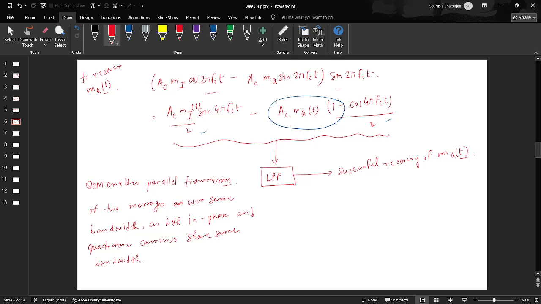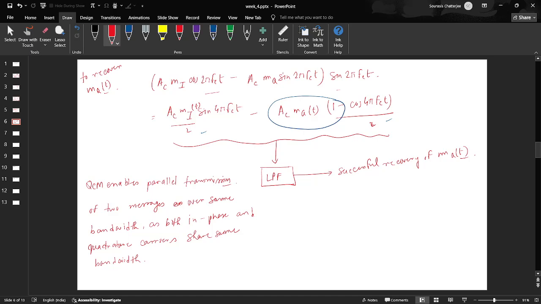So I guess you are able to point out the benefit of it now. Earlier, for a fixed bandwidth you were using a single carrier to transmit a single message, but QCM gives the opportunity that you use the same bandwidth, but you can have this in-phase and quadrature carriers which are orthogonal to each other, therefore they don't interact in the baseband domain.